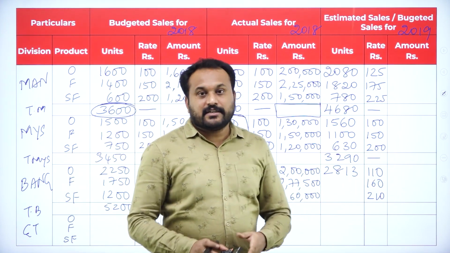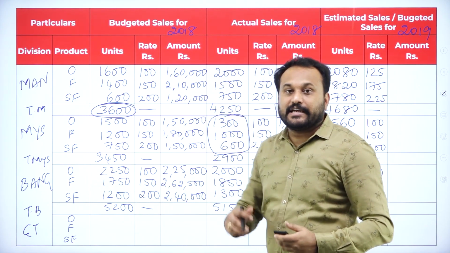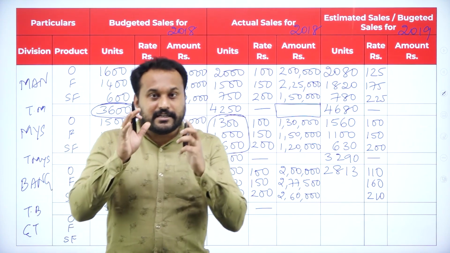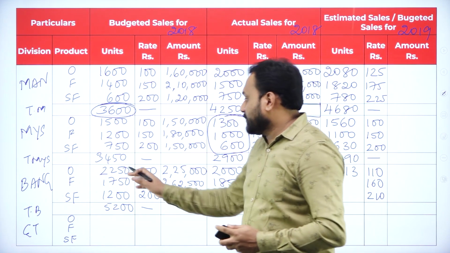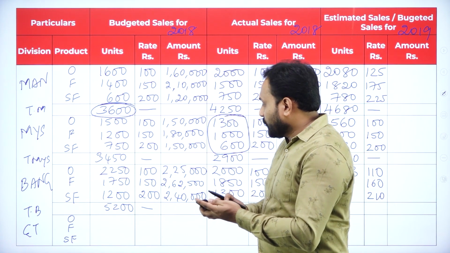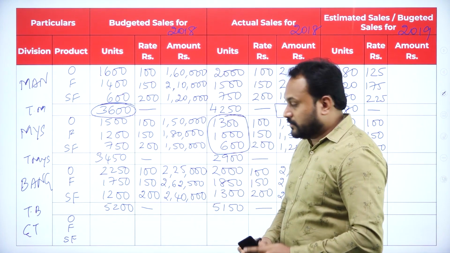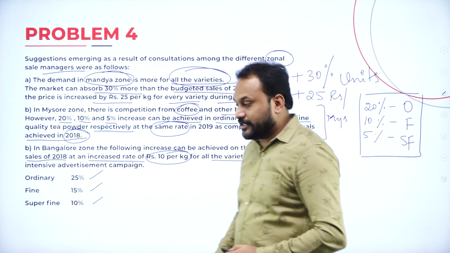Say the next here you have is fine, 1750. Again they are increasing it by 15%. If you calculate, here also you may get decimals. Don't worry about it. So 1750, you are supposed to add 15% to it.